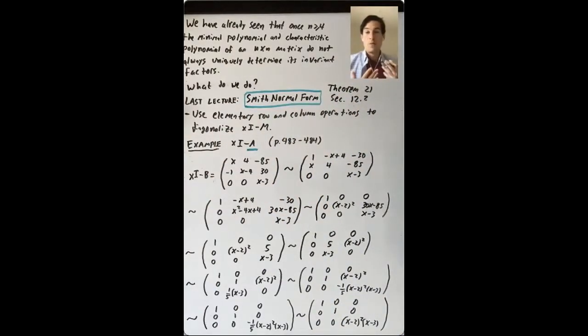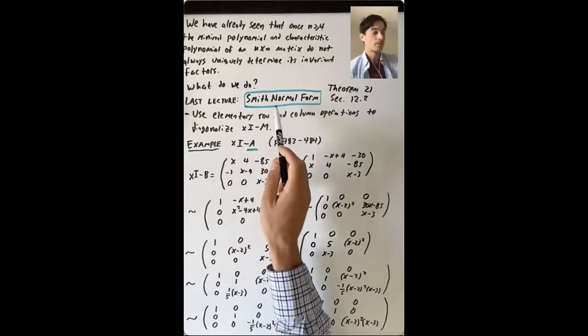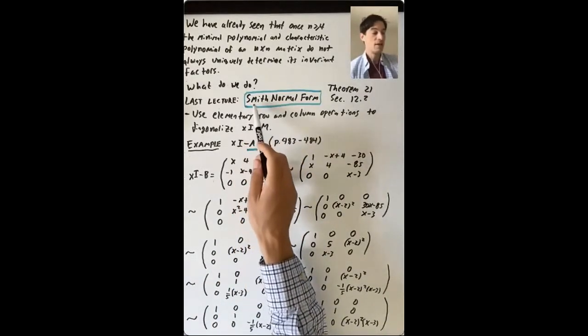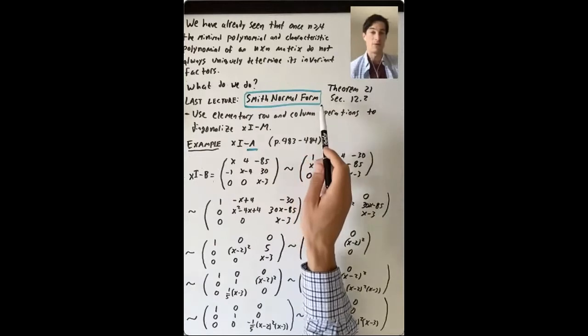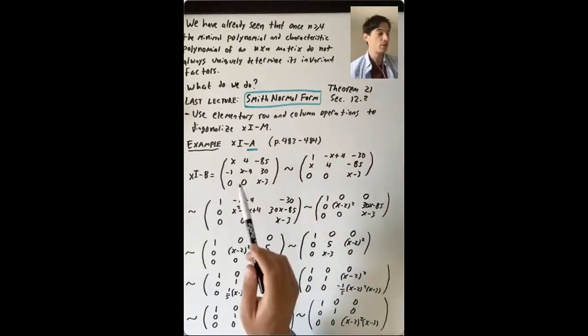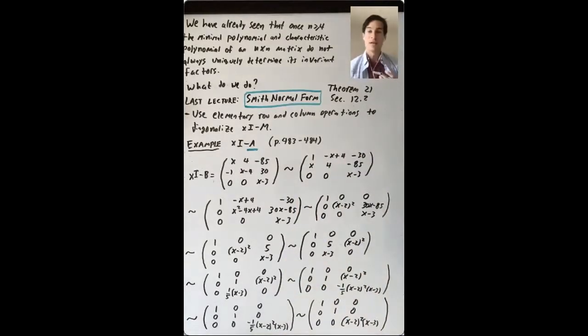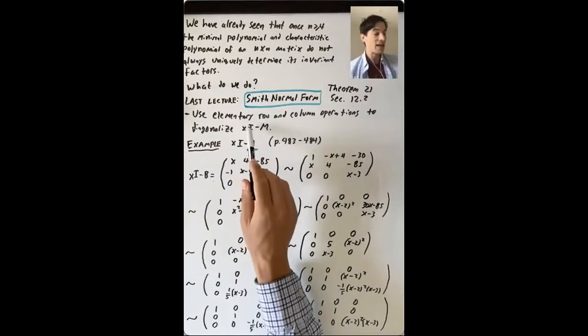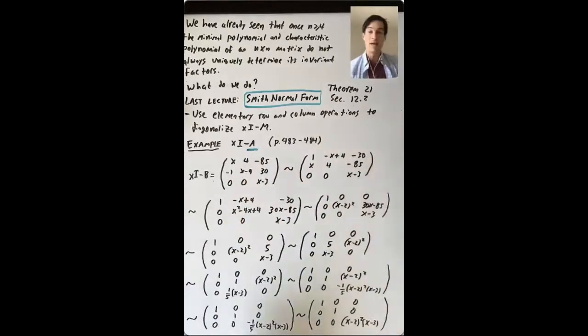So what you can do in that larger matrix case is, as we saw in the last lecture, compute the Smith normal form. This is the statement of Theorem 21 in section 12.2, which says that you can use elementary row and column operations to diagonalize the matrix xI minus M into this particular form, where you have ones on the diagonal and then the invariant factors.